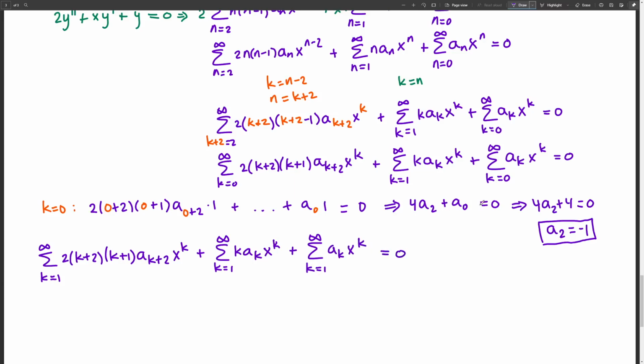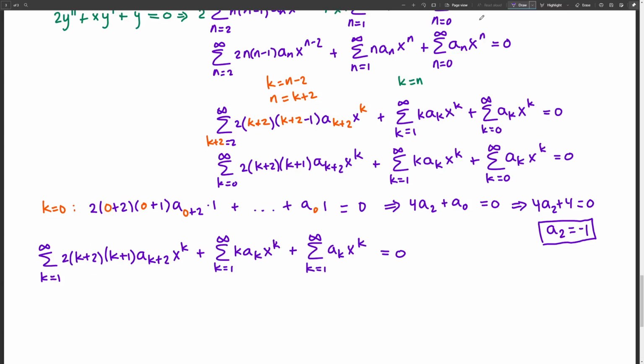So again, I can ignore the k equals 0 because I looked at that case separately and I found that a2 is equal to -1. And so now we're looking at the case that k is greater than or equal to 1.